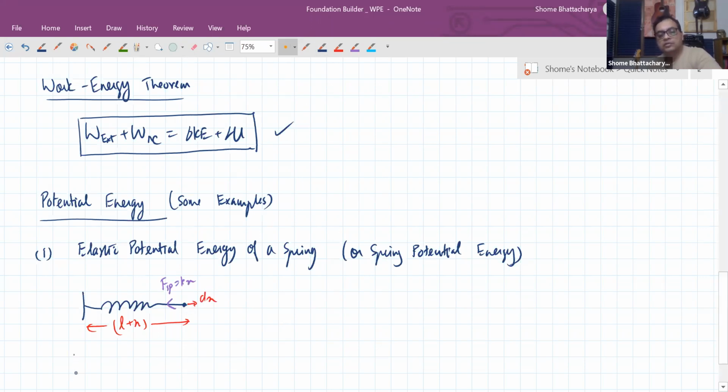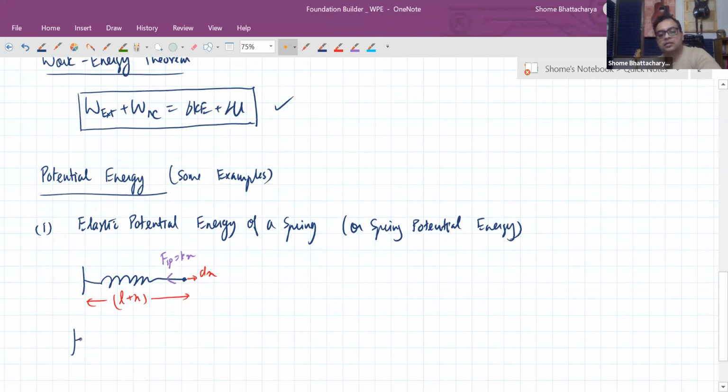Or we have a situation where the spring might be in a compressed state, having a compressed length of L minus x. So the spring force is acting outwards, whereas the displacement of the point where we are applying the force to compress it is inwards.